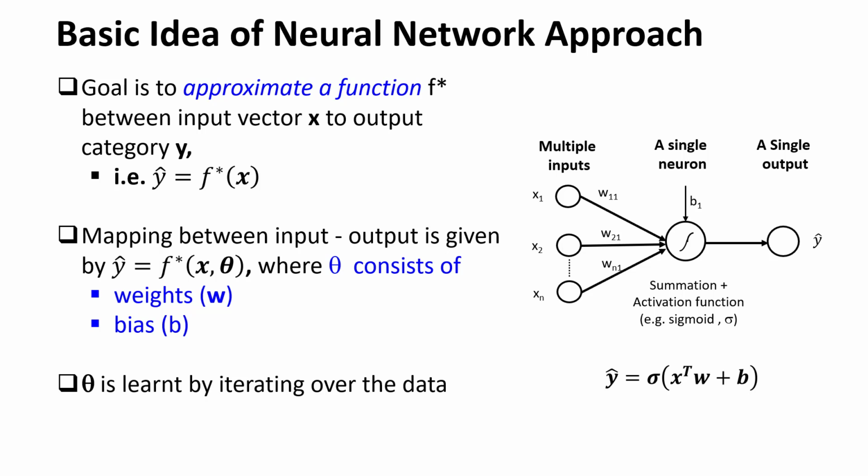So basically, we have a mapping between inputs and output y hat, which tries to approximate the relationship between input and output. And this mapping is driven by the choice of W's and B, which we call the parameter theta, which consists of weights W and bias B. Theta is learned by iterating over the data.